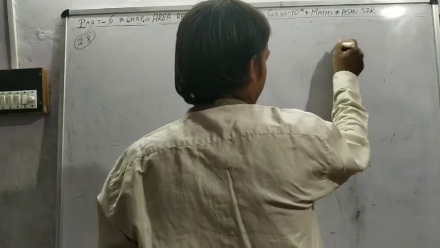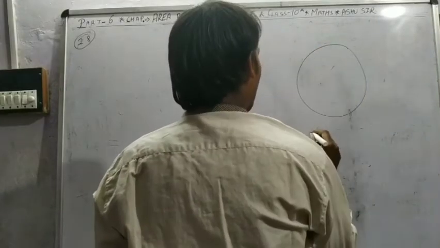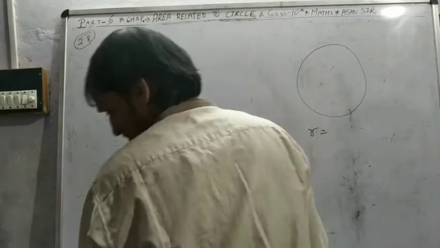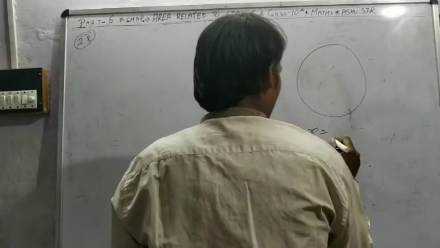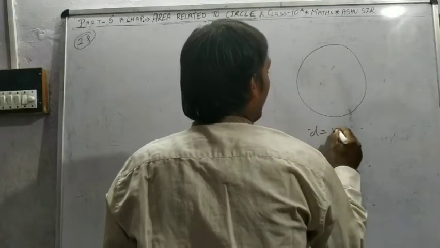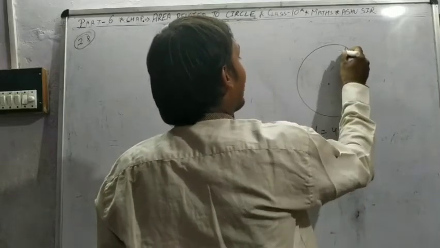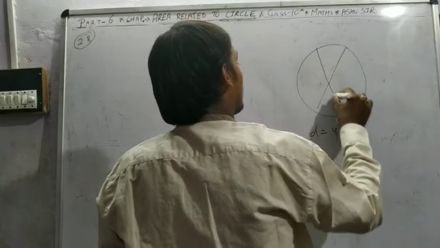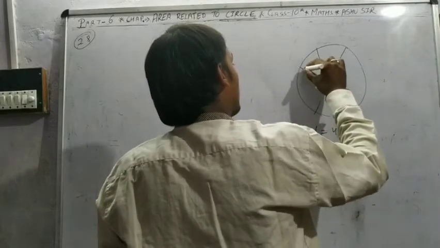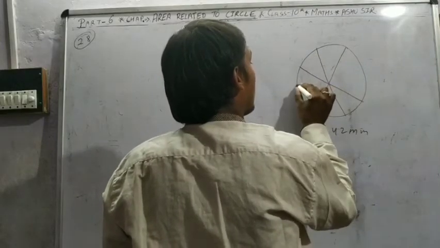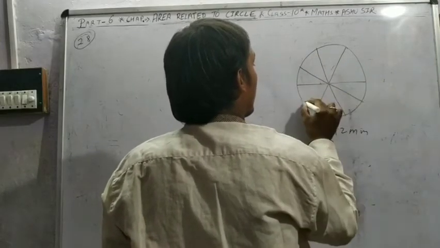There is a circular brooch of diameter 42 mm. The brooch is divided by the 5 diameters: 1, 2, 3, 4 and 5.